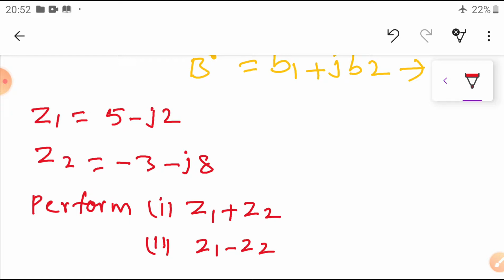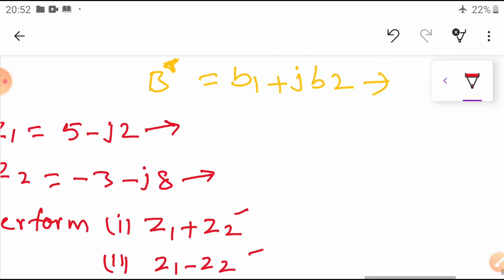Okay, simple. Here is one complex number given, here is another complex number given. So, you want to add it, subtract it. Okay, so let us do. So, dear students, you should imagine what this vector is.